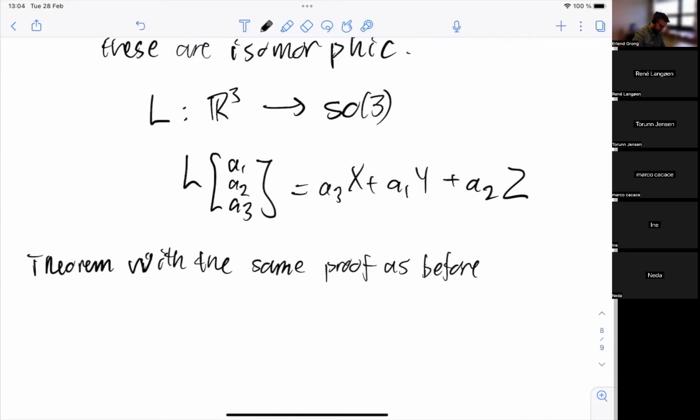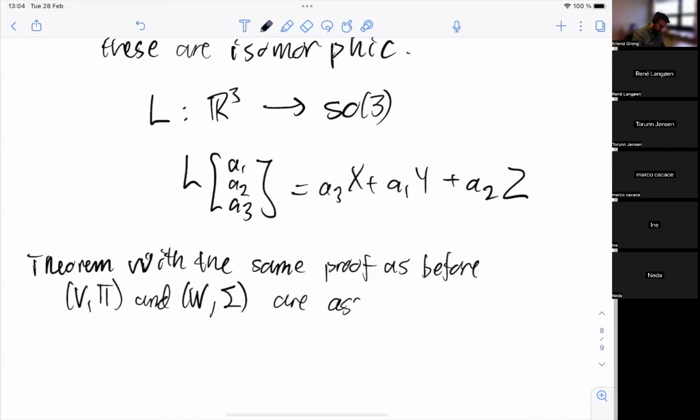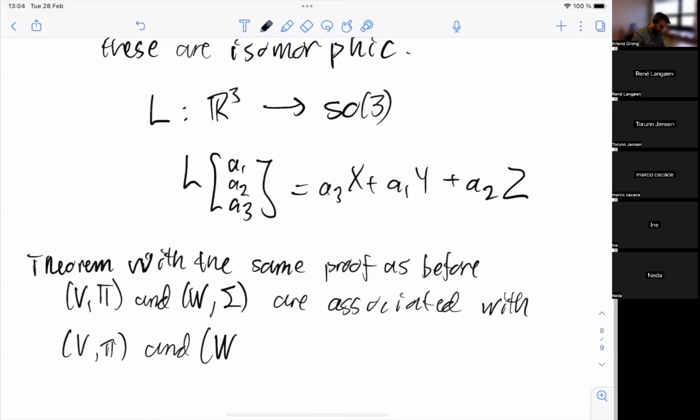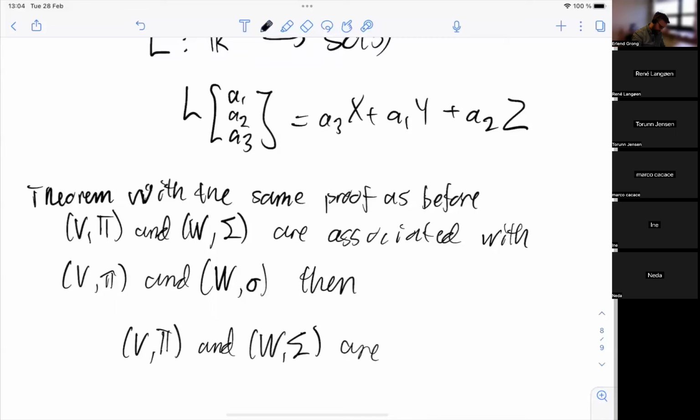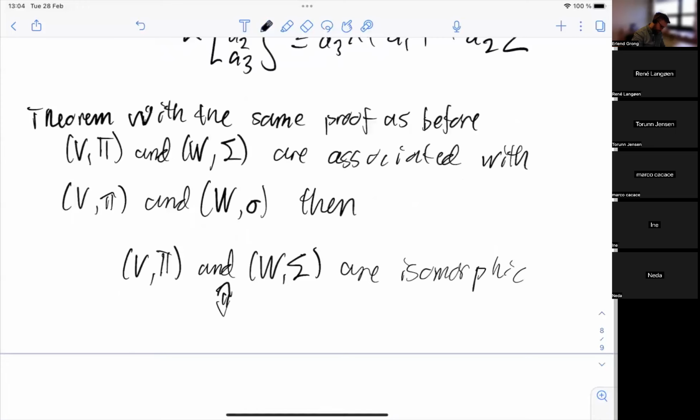So that if V with large pi and W with sigma are associated with V with small pi and W with small sigma, then the group representations are isomorphic if and only if the Lie algebra representations are isomorphic.